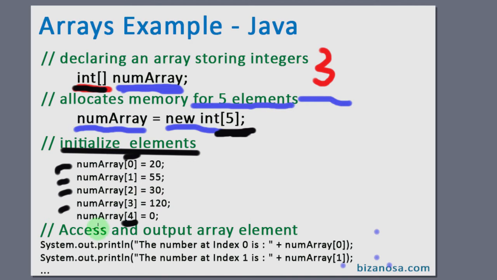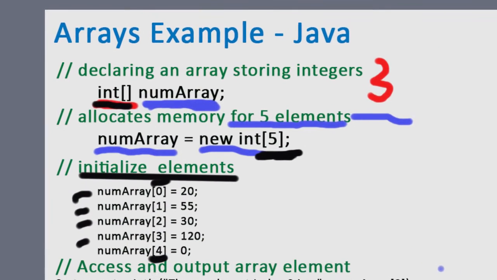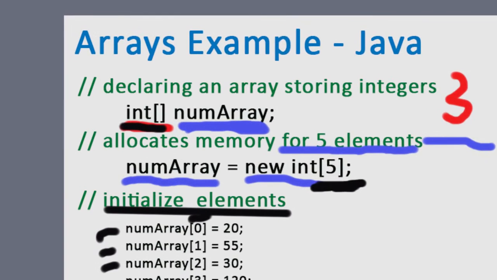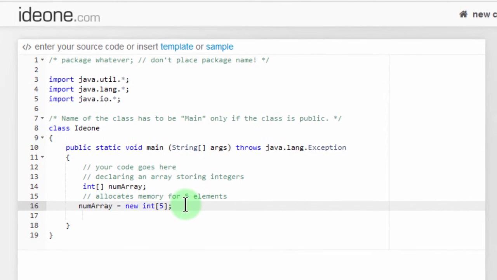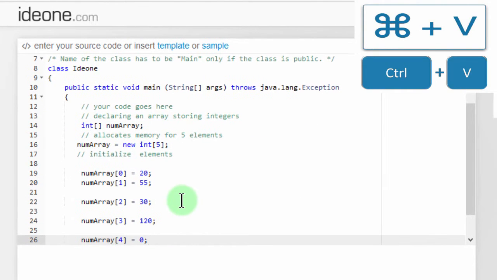So that's why it starts from 0 to 4. What this part does is populate our array with 5 elements and then initialize each of those elements with these values. So if I take this to the IDE, I will add that one here.